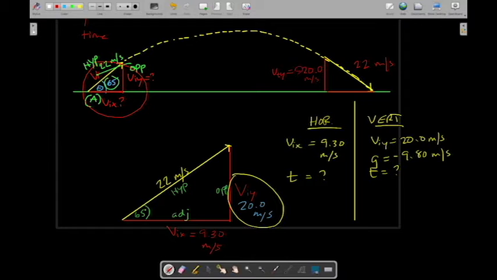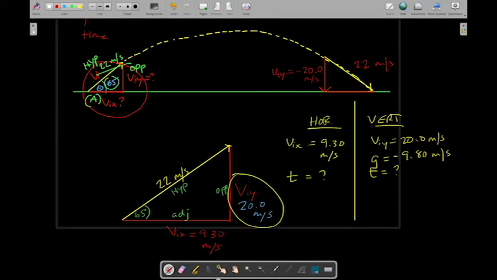The reason why it's negative is because the projectile is now descending downwards, so we signify that as a negative. Whatever values we find here are the exact same thing here. Because our v initial y is positive 20 meters per second on the initial side, our final velocity y is negative 20 meters per second.